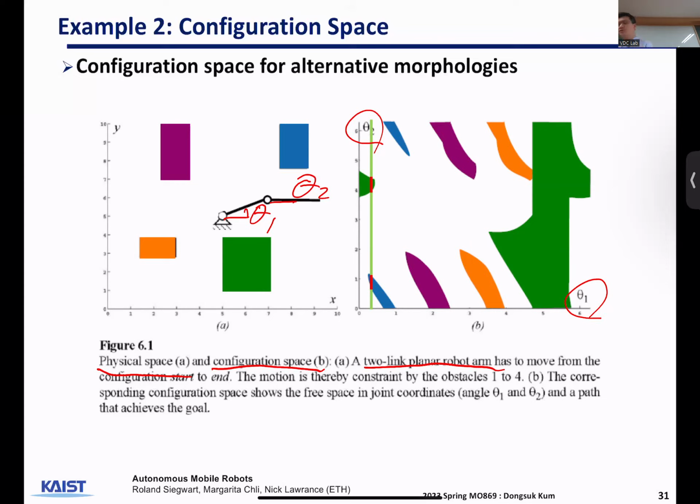And by using this configuration space in actuator domain, if we can come up with this configuration space, then we don't have to go back and forth between 3D space versus actuator space. If we can plan things in actuator space, then we can design a controller directly in the configuration space. Okay. Does that make sense?